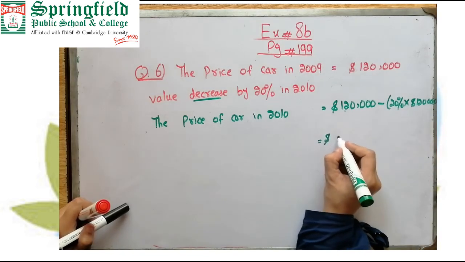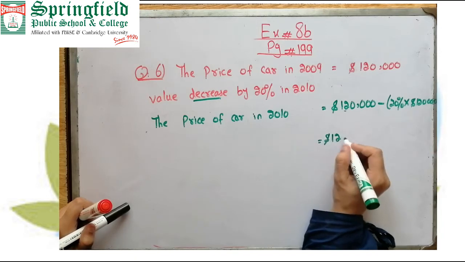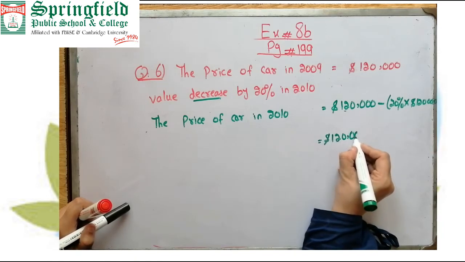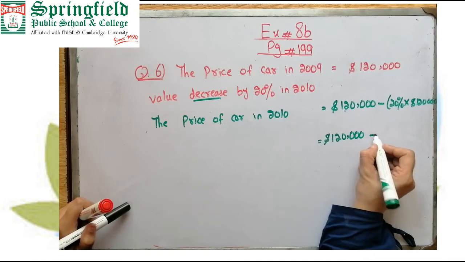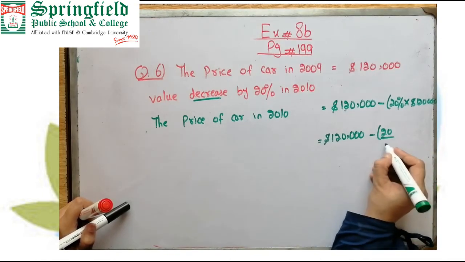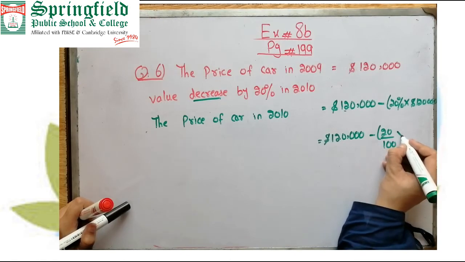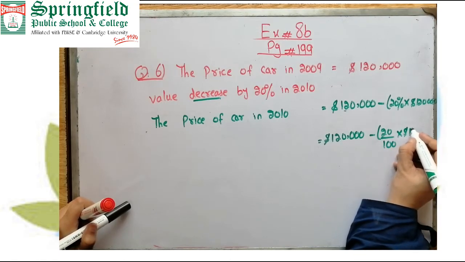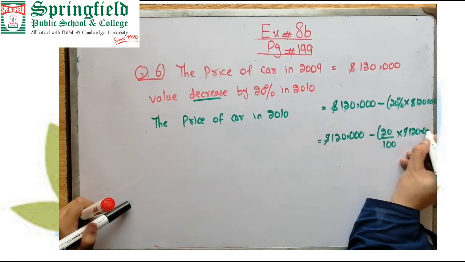Then $120,000 minus 20, remove the percentage sign, write 100, multiply $120,000.